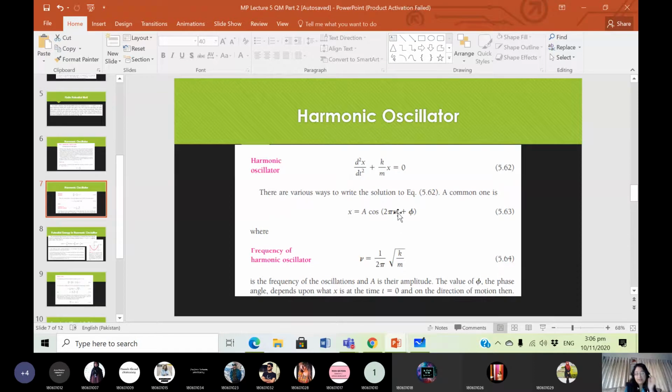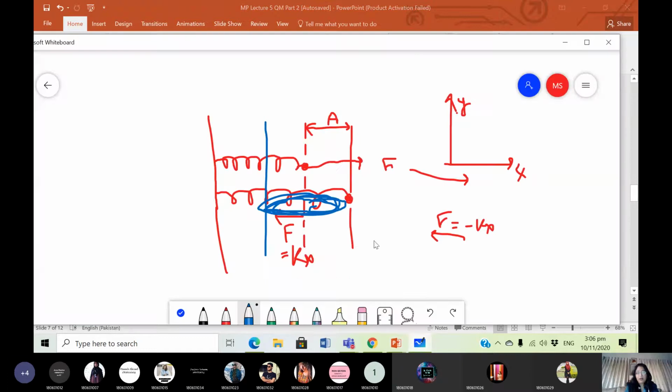This ν is the frequency. You must have all heard about the properties of a spring, right? The angular frequency omega of the spring is given by the square root of k over m. ये आपने oscillations या waves and oscillations के course में पढ़ा होगा थोड़ा सा, right?